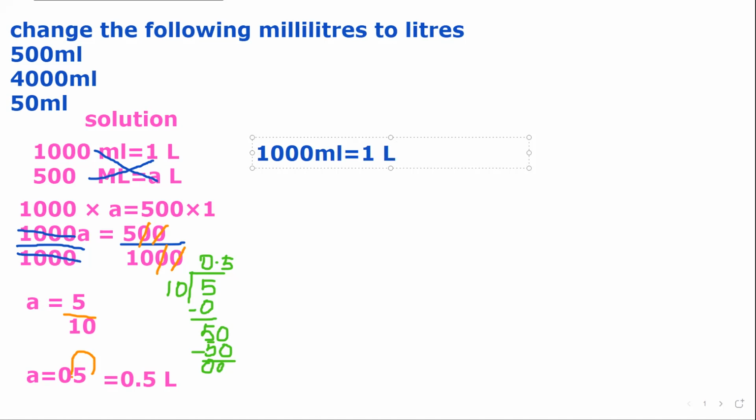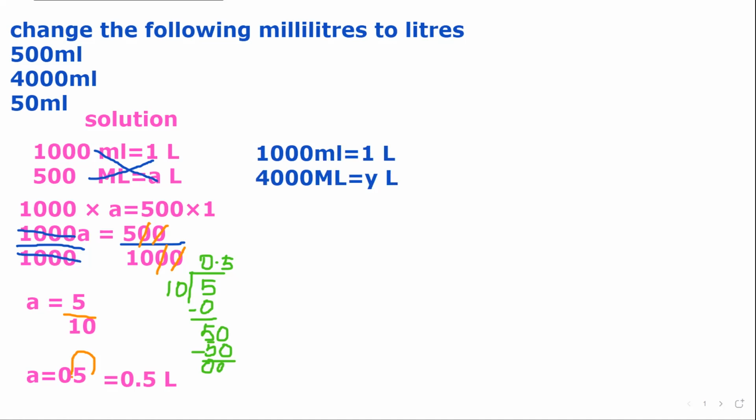Because you are changing the 4,000, you have to record the 4,000 mils under the 1,000 mils. So here will be 4,000 mils is equal to, we don't know, so let's put any letter, Y liters. Okay, good.